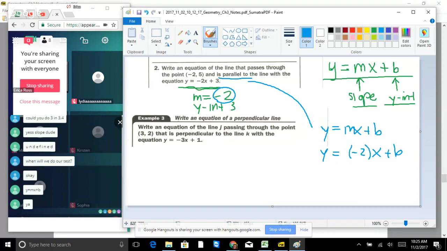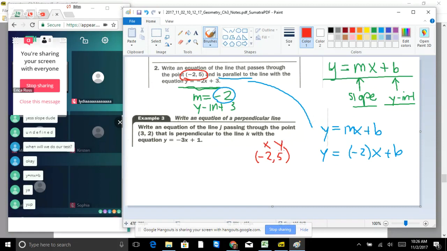You guys all right with that? Okay. So now they also tell me that my new line goes through -2, 5. Well, -2, 5 is just one particular set of x and y's. This is an x and this is a y.